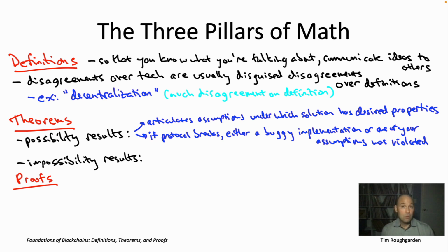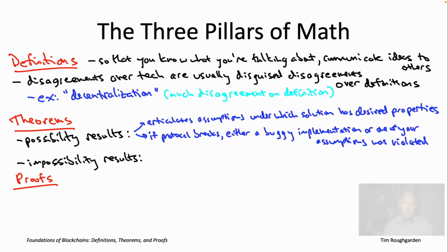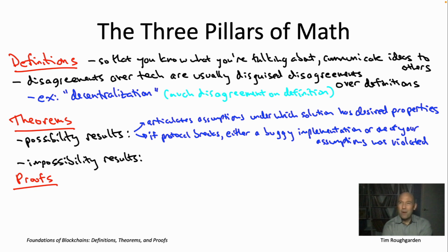Maybe actually more than a third of the nodes were Byzantine. And Byzantine here could be malicious or buggy or something else. And so now you can start focusing on how to get back to having a supermajority of honest, correct nodes. That's your next step if that's the reason the protocol deployment failed. So those are possibility results, where in principle you maybe could have come up with a solution without doing the math.